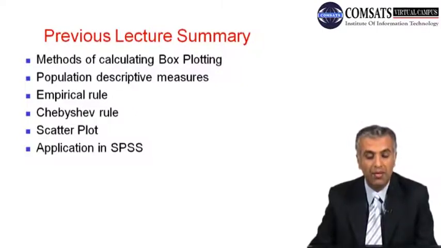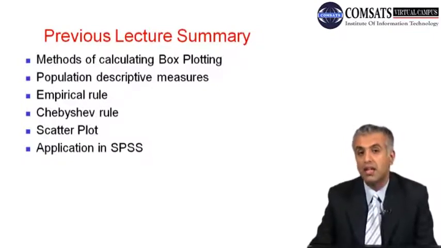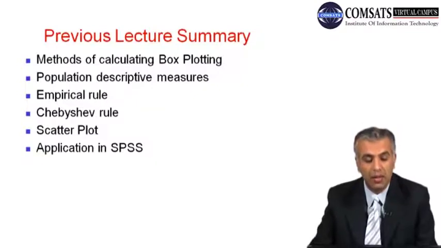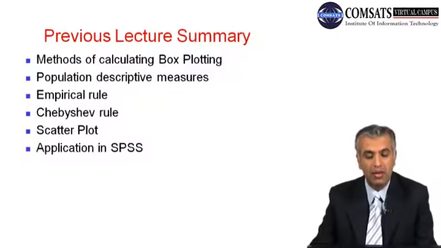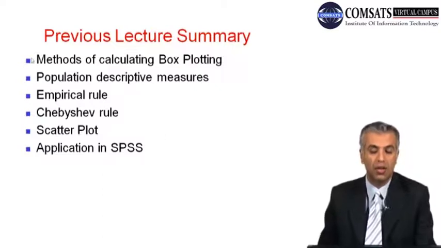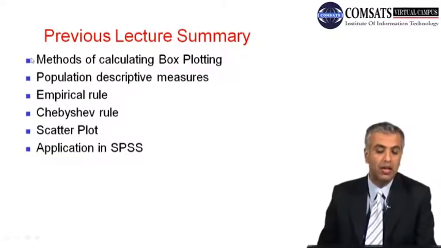We had a brief overview of this feature, and then we just had a look at the application of this scatter plot in SPSS. So we would just continue with the same thing because we hadn't finished with the concept previously.